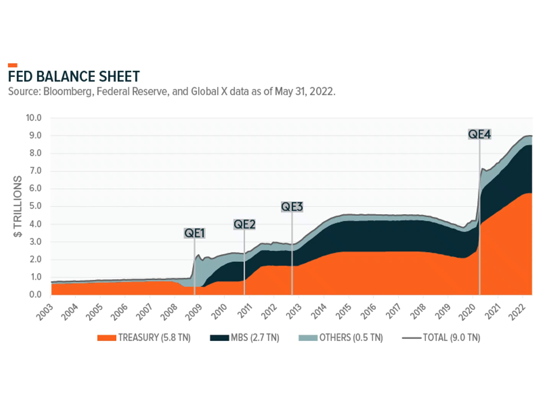Then once again, in response to the 2020 pandemic, the Fed engaged in copious amounts of purchases, long-term government debt, mortgage-backed securities, quantitative easing, expanding the Fed's balance sheet to an unimaginable over $9 trillion.